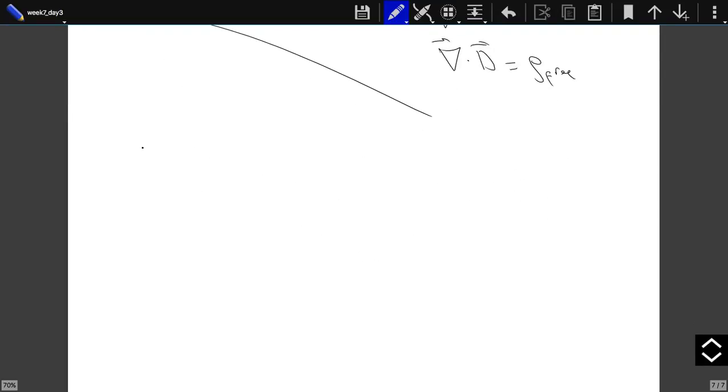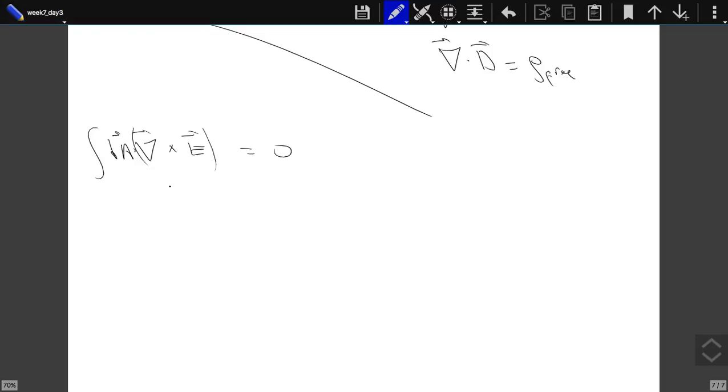Now, if you look at the curl of the electric field and integrate it over some area, any area, it is also zero because the curl is zero.